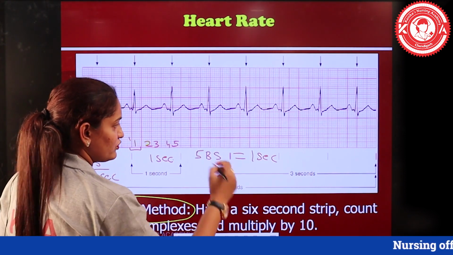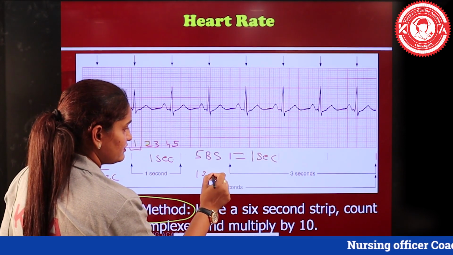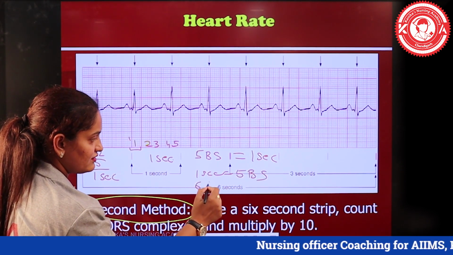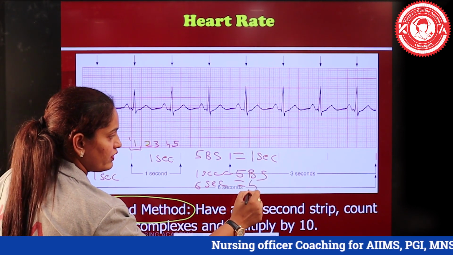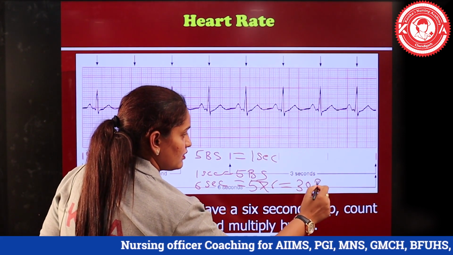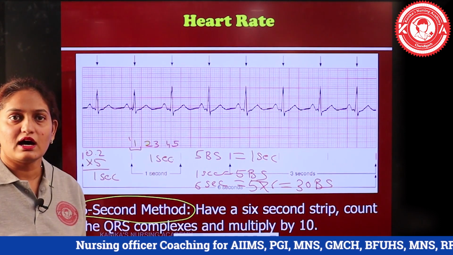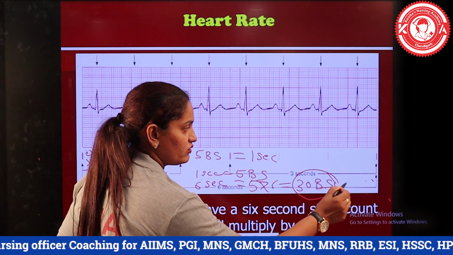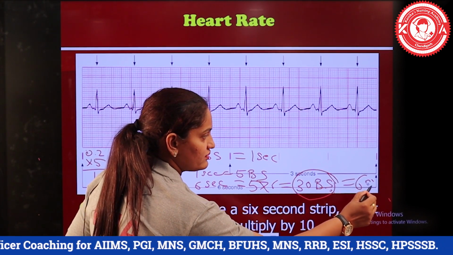Opposite, 1 second is equal to 5 big squares. So 6 seconds is equal to 5 into 6, which makes 30 big squares or 30 large squares. This is how the 30 big squares account for 6 seconds.